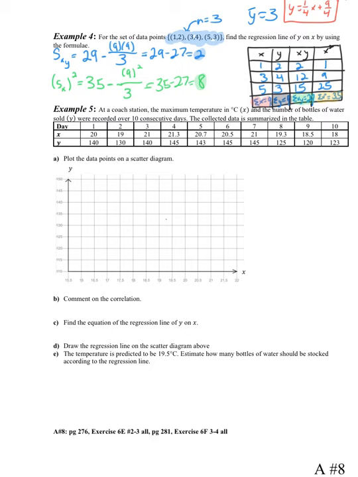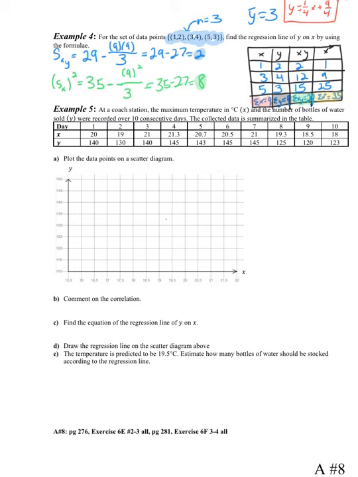So we would just want to take our x values and our y values. We're going to plot this scattergram, and then we're going to comment on the correlation. We're going to find the equation of the regression line. So that's where we're going to need to put this in our calculator to do that. So this is where we can do the calculator practice. And then we're going to draw the line on our graph.